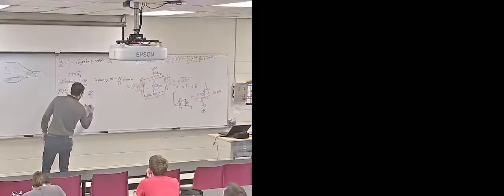But first, let's go ahead and move these negative terms over to this side of the equation. So we end up with rho V dV ds plus rho g dz ds plus dP ds is equal to 0.